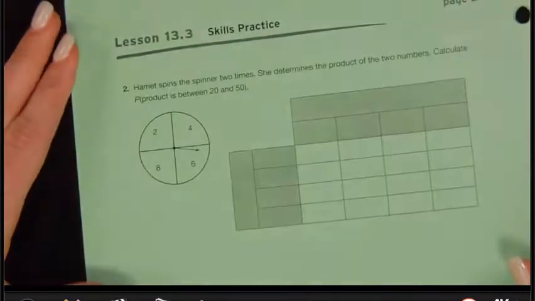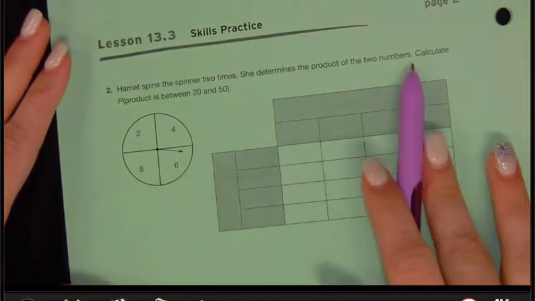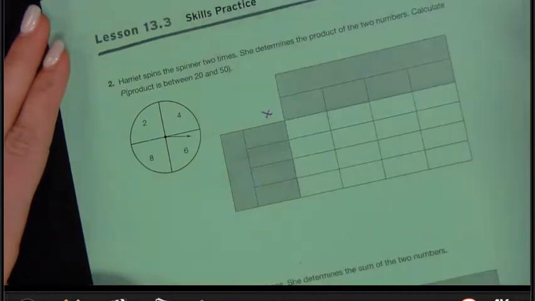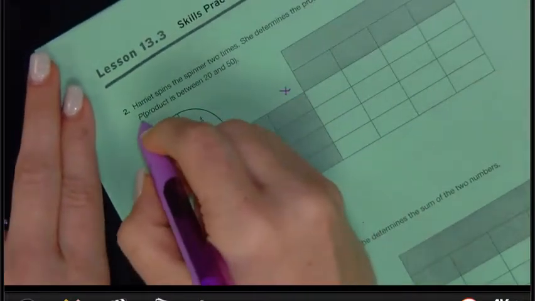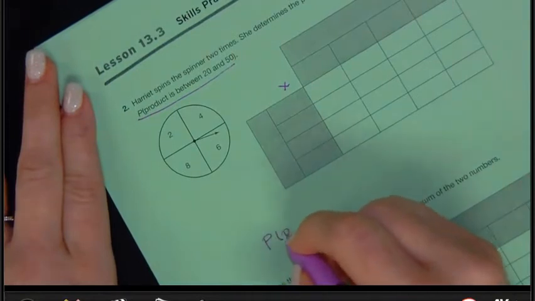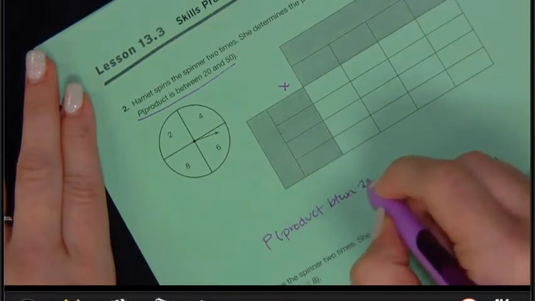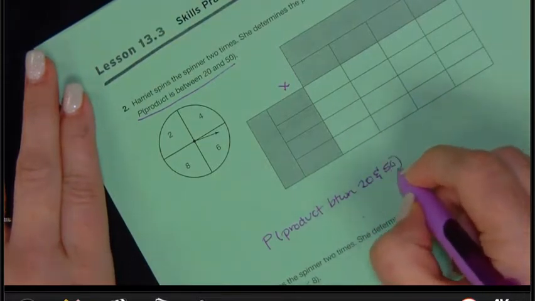All right. Let's try several on our own. All right, number 2. Harriet spins the spinner 2 times. She determines the product, so I'm going to multiply these 2, and we're going to calculate. And I want to find the probability that the product is between 20 and 50.